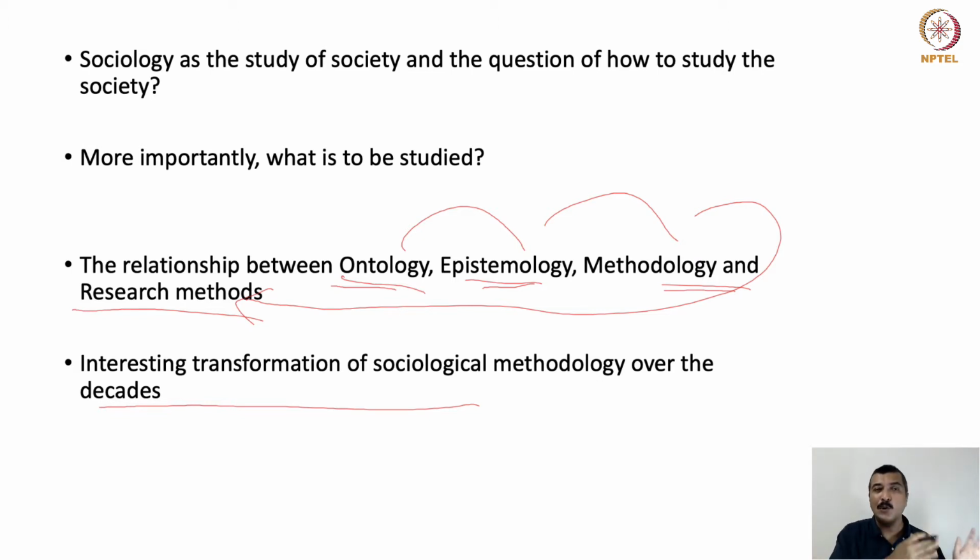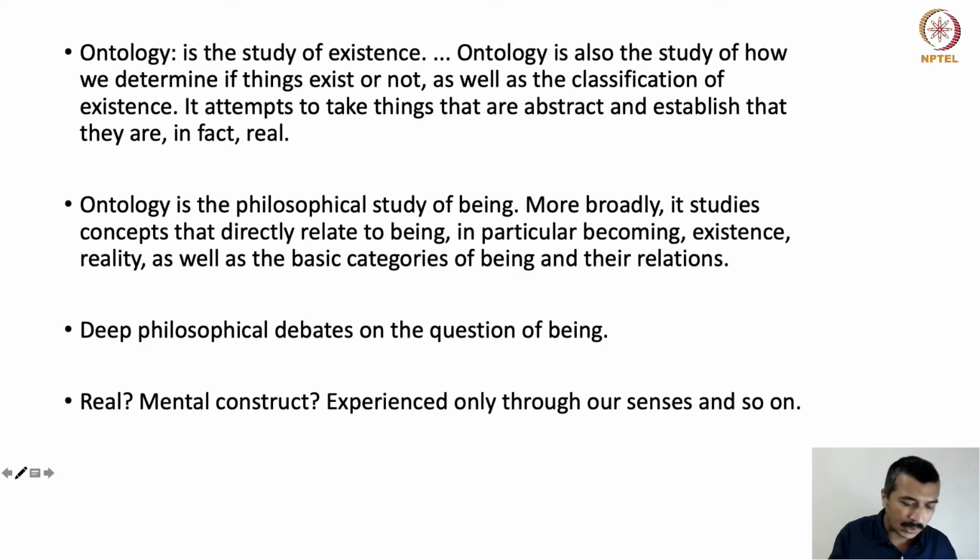So if you look into the historical trajectory of this discipline, it has had so many detours, so many different directions, debates about methodology and epistemology. It developed in so many different directions, and it's extremely important that a student of the discipline becomes aware of these transformations.